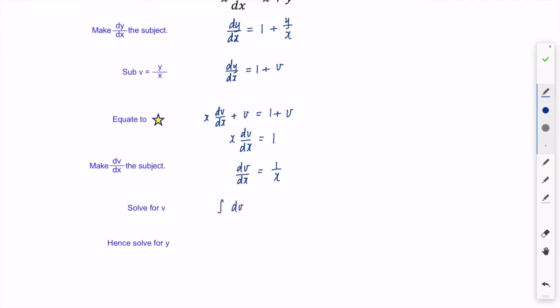Let's try to solve for v. We can integrate 1 dv and integrate 1 over x dx on the right side. So here we have v equals ln x plus c, but we still need to write things back in terms of y. And if you recall, v is equal to y over x.